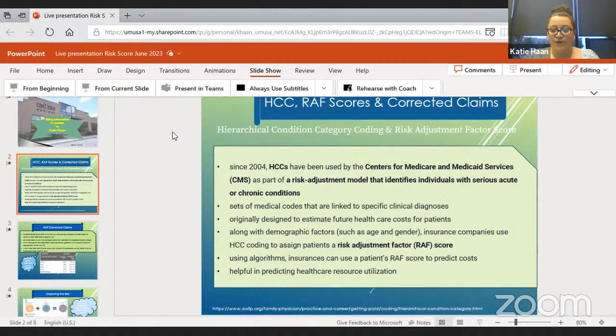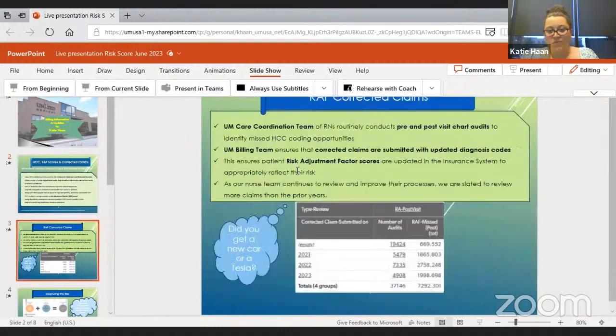There are sets of codes that get assigned a risk factor for a specific patient. So if a patient has no conditions versus if they have multiple conditions such as diabetes, morbid obesity, all of these are going to have a risk factor that the insurance then uses to calculate how much that patient is going to cost or how often they would actually cause costs in the hospital.